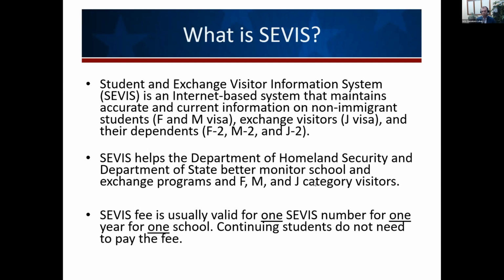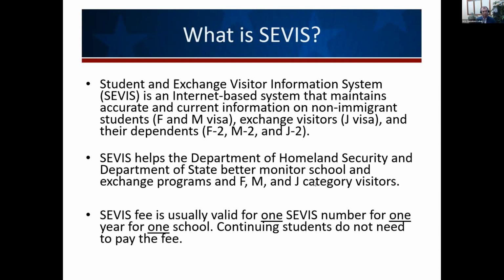One of the things that you need to do is pay what's called a SEVIS fee. The SEVIS program is a program run by the Department of Homeland Security to track international students in the United States. Anybody who's studying in the United States needs to be registered with SEVIS, and the fee is basically a cost to help fund their operations.